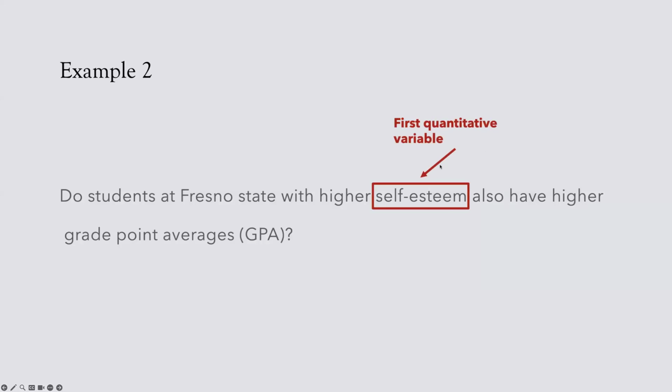And I didn't mention this in the previous example, but if you have a psychological construct, it's not like I can jab you with a needle and measure your self-esteem level. We have to go about it in a more indirect way. And so this is a psychological construct. Unless I tell you otherwise, we're going to measure that on a scale.